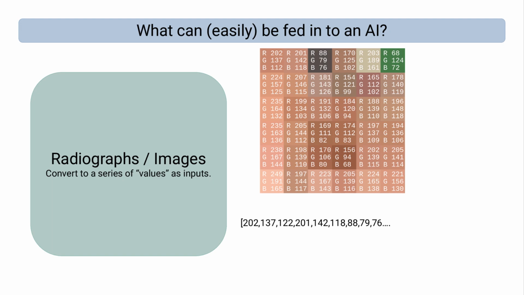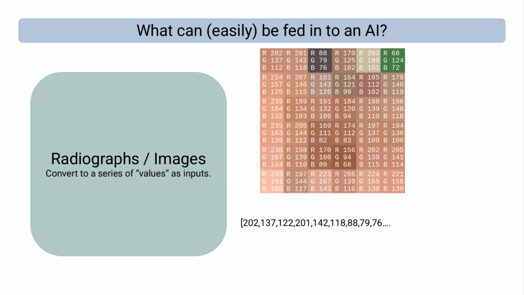So let's go back to digital images. How would you feed an image to an AI? Well, the AI will only see a bunch of inputs, which are numbers. So let's go back to a color image. You have these red, green, blue values, which is a number between 0 and 255. Sometimes you actually use a number between 0 and 1 as a floating point, just like I alluded to earlier.